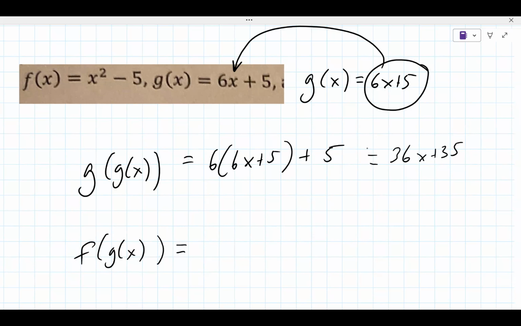Is it 6x plus 5, 6x plus 5? Yes, you're going to square that by multiplying it out. Yep. That's 5.